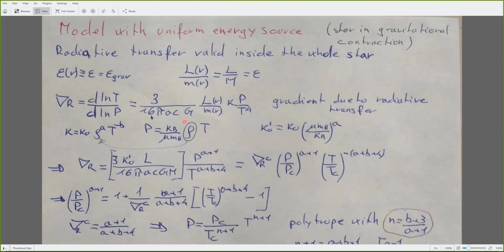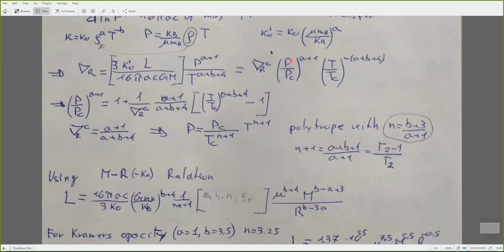We get this equation. We do some changes, supposing a certain opacity with the Kramers law, depending only on density and temperature, substituting the density here with the equation of state, because we suppose that it is supported by gas pressure, and simplify in this way.